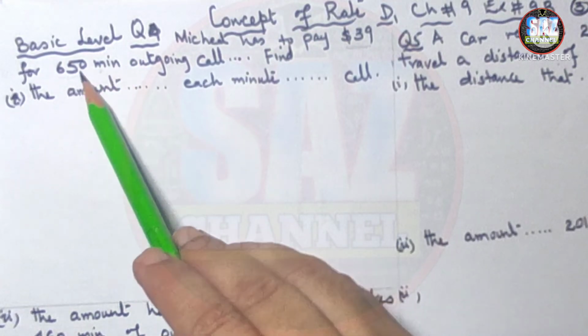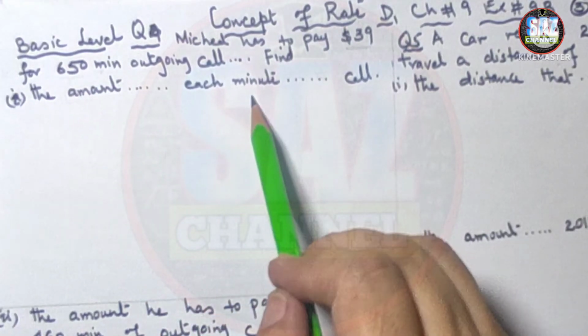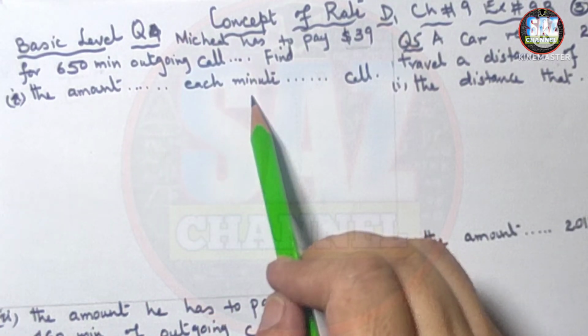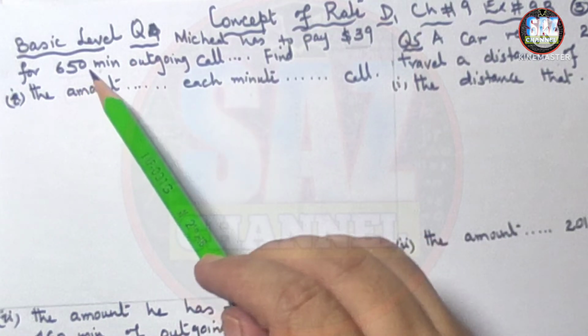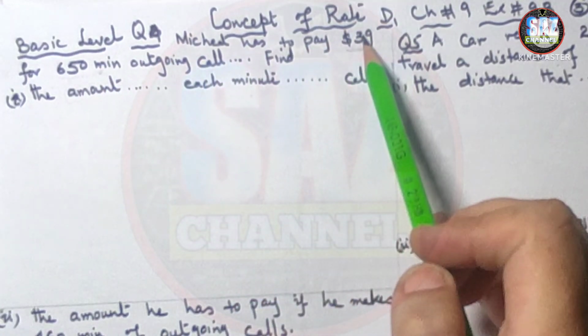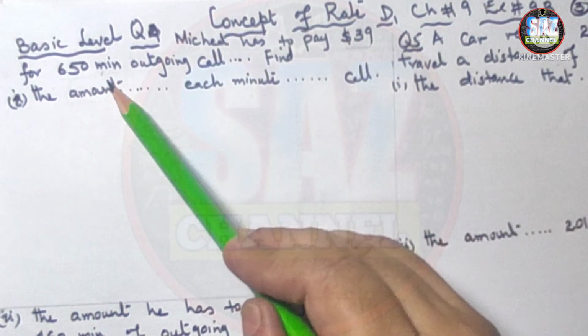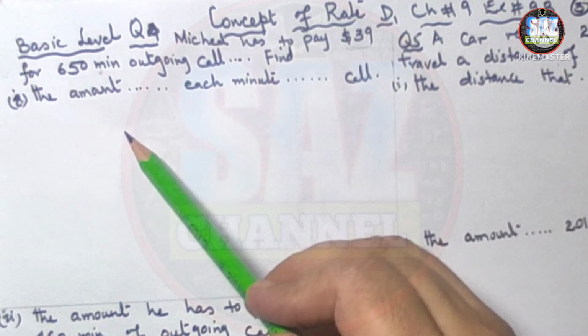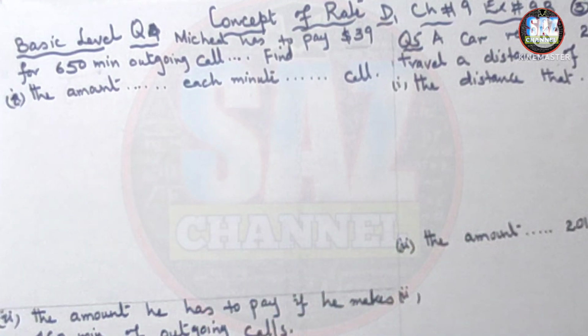We have to find the amount per minute of the call. So what we have to think is that for 650 minutes he has to pay a total of $39. For 1 minute, how much amount does he have to pay? So I feel this is a really easy part.